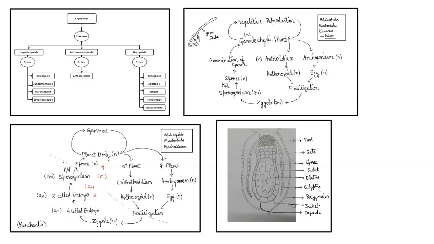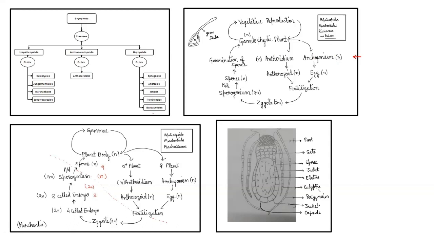Now, let us talk about the generalized life cycle of Riccia, that is the type genus. Now, in Riccia, the gametophytic plant, the main plant body, is what? Haploid. It produces the sex organs antheridium and archegonium on the same plant body, as well as on different plant bodies.